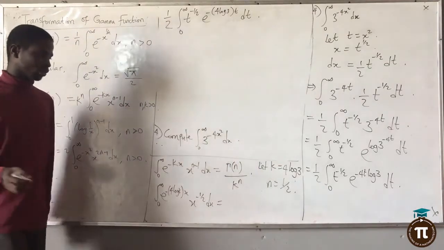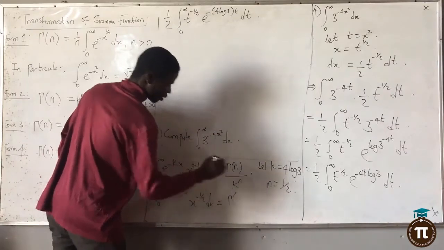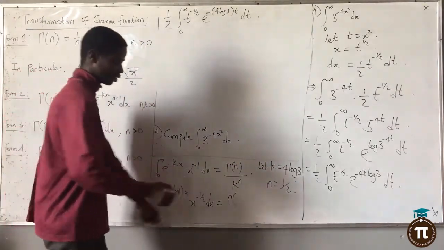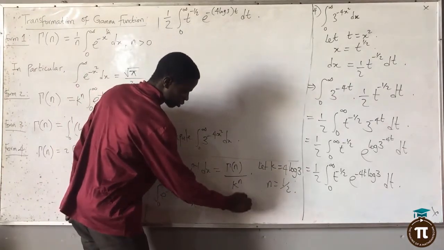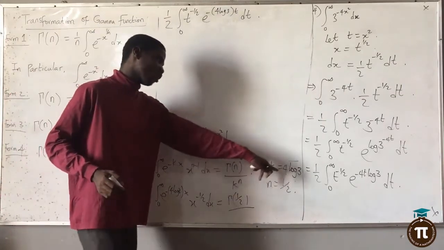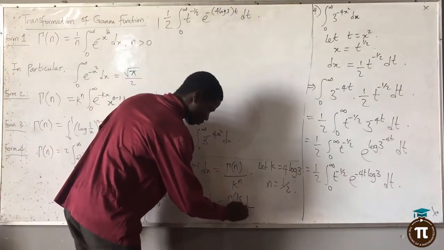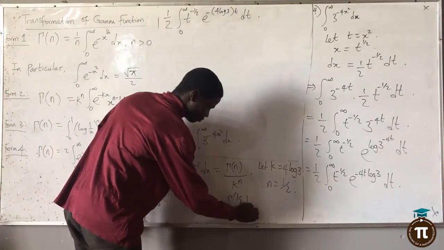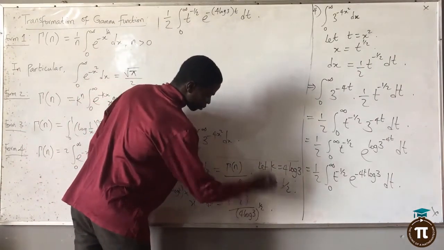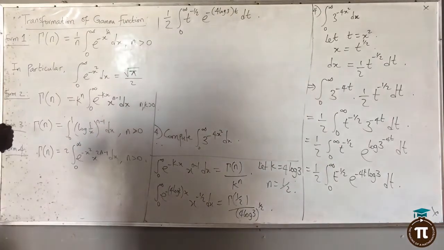The dt will be equal to gamma of n, where n is 1 over 2. Don't forget, I'm just substituting, gamma of 1 over 2 all over k raised to the power of n. K is 4 log 3, raised to the power n, that's raised to the power of 1 over 2. So that's what I'm going to have.